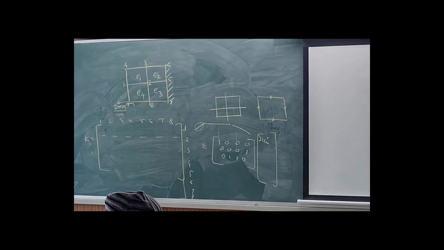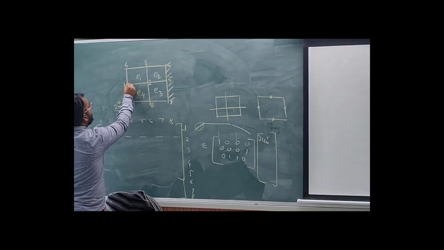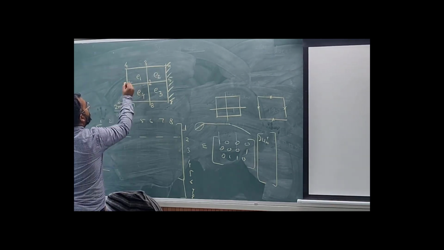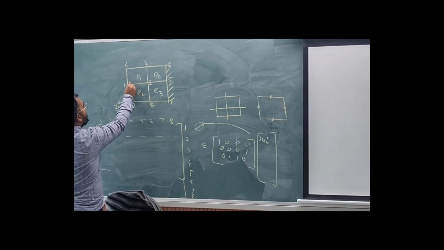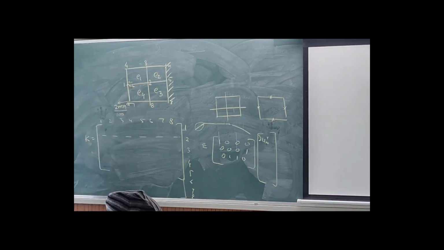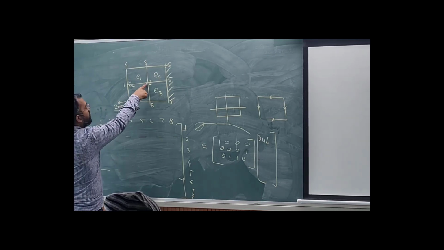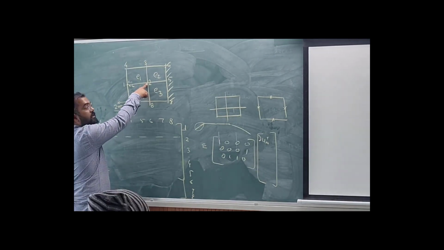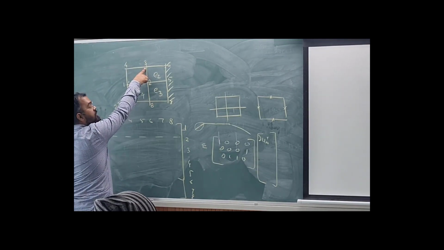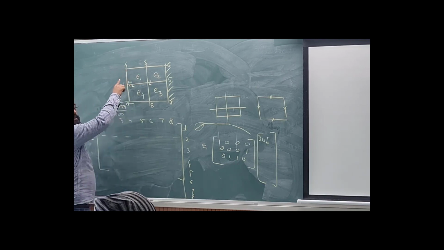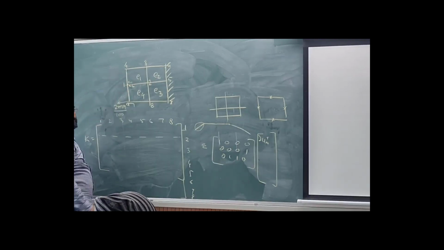And each value I can call K11, K12, K13, and so on. So here I will have K11 and K12. Then I will have K21, K22 there, K31, K32 there, K41, K42 there. That is for this element, right?